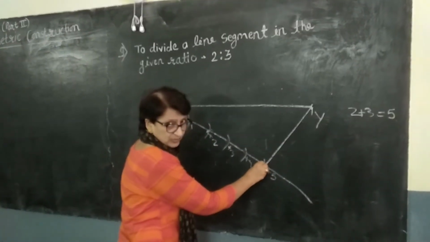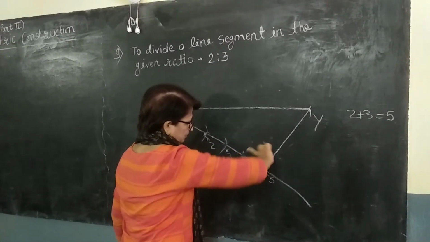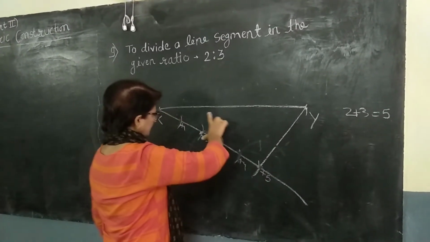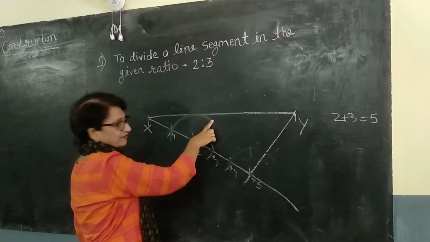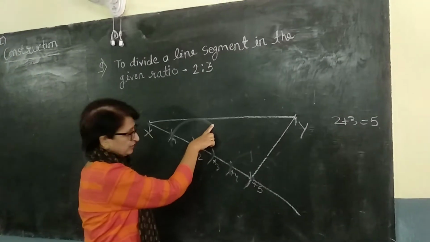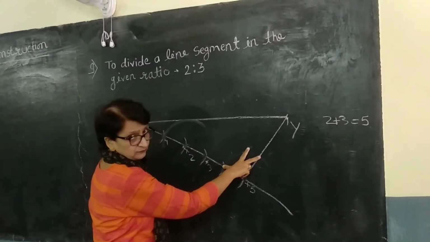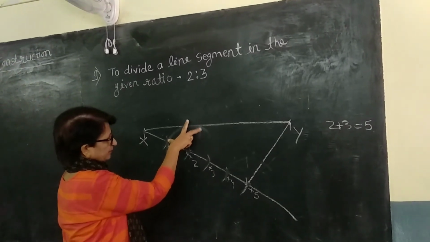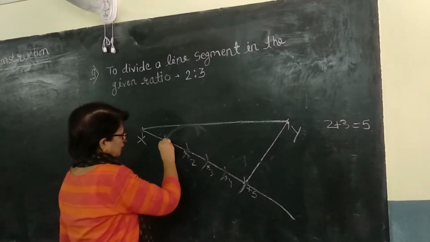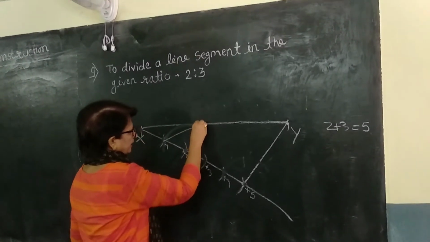Put your compass point here. With the help of the compass point, draw an arc. Lift it. Bring it to point 2. Draw an arc. You don't have to make it for every point. Then take this distance. Put it here. Draw an arc. Then join these 2 points out here.